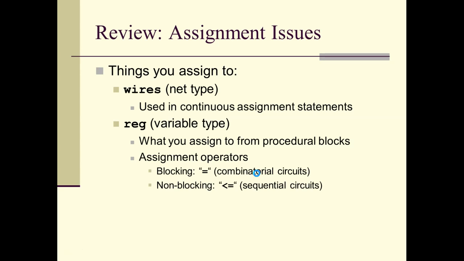We also use those to hook up modules after we instantiate them. More on that later. The reg type is actually a variable type, and anytime we make any assignment from a behavioral model, which means an always block, the variable has to be declared as a reg type.